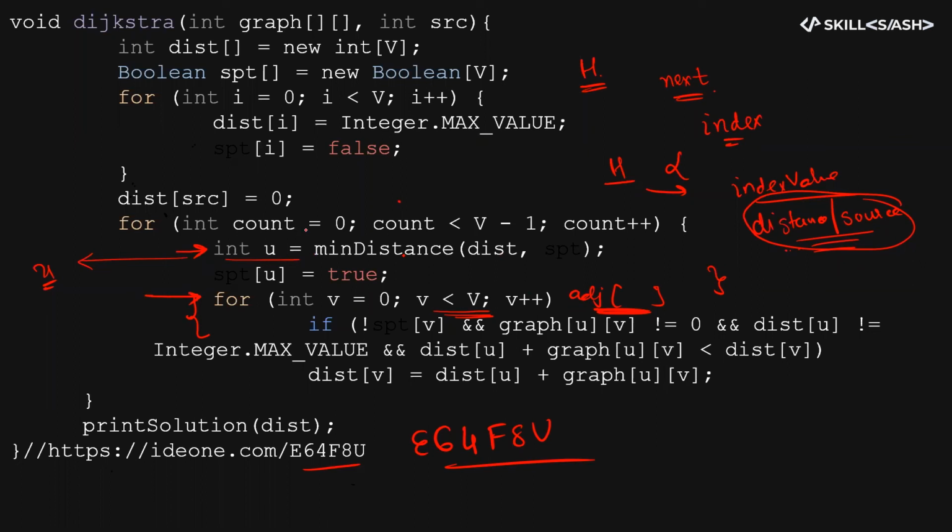So we'll see that. First let's define the implementation or initialization of the heap, what things we are inserting into the heap initially, and how we are fetching this part and this part. We'll see that in the next slides.